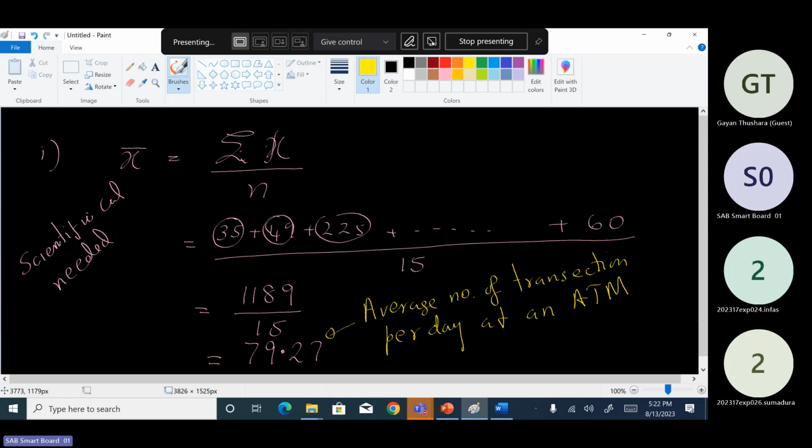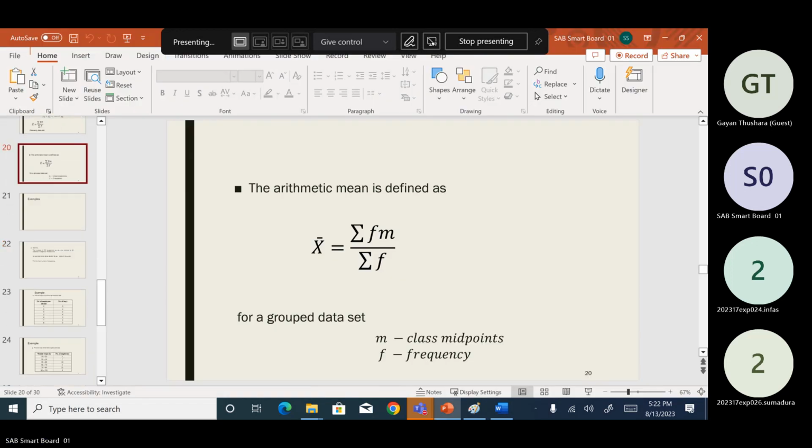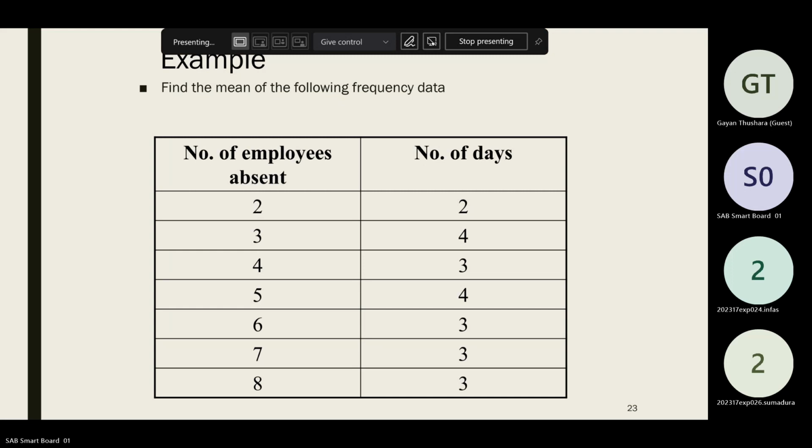So now we'll take an example. This is what we discussed earlier. So that's the second example. Find the mean of the following frequency data.